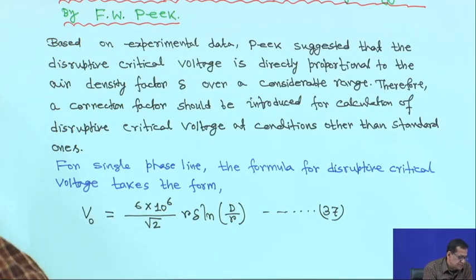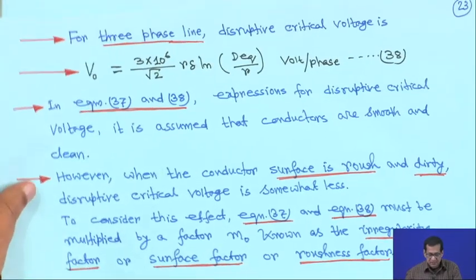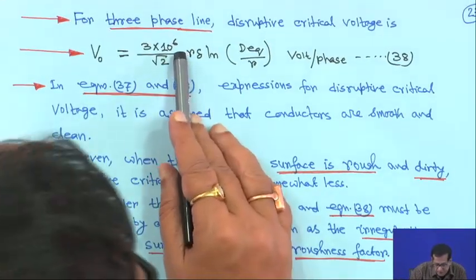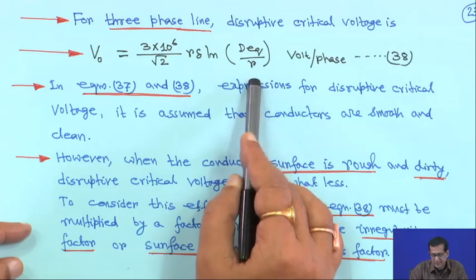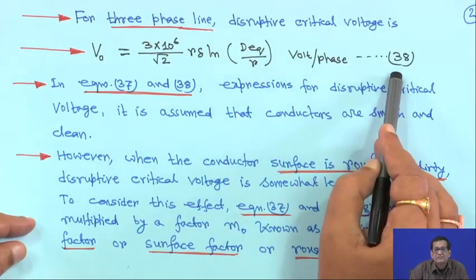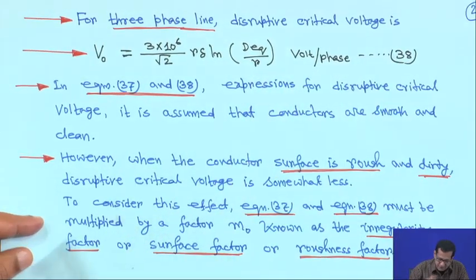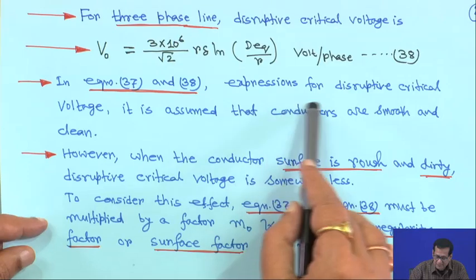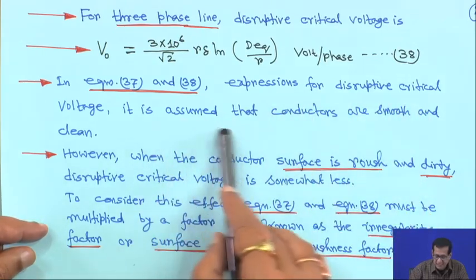For 3 phase, the RMS value V0 is equal to 3 into 10 to the power 6 by root 2 R delta ln d q upon R volt per phase, equation 38.